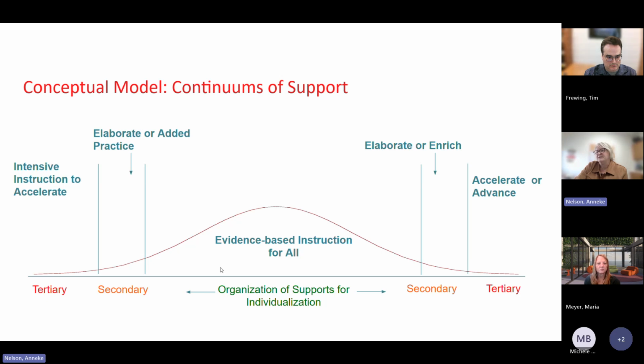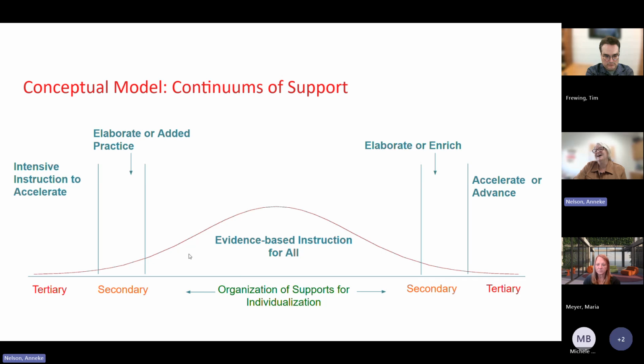On the enrichment end, we have secondary supports that elaborate or enrich instruction for those who are more advanced, and then tertiary support for those who are very advanced or accelerated. How are we meeting their needs within our school system?